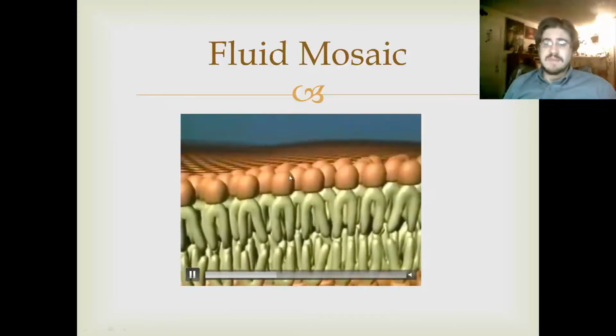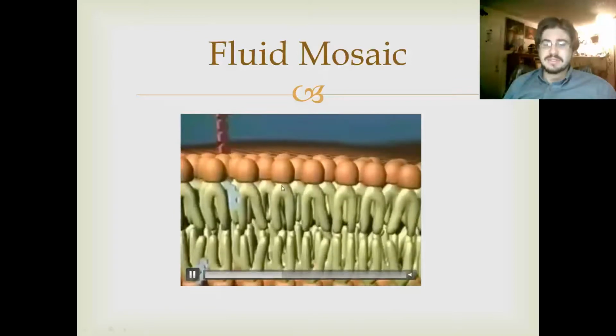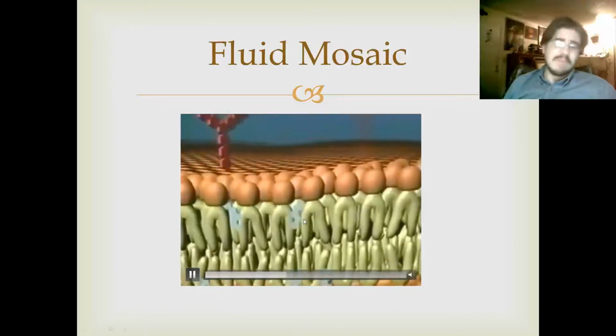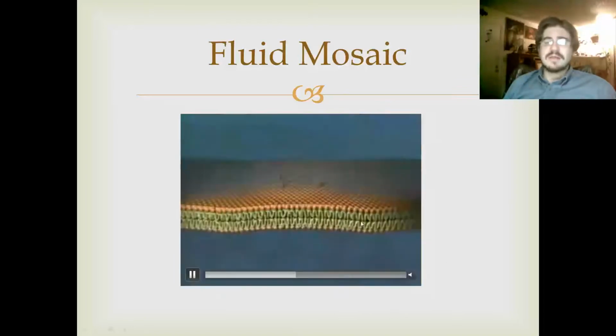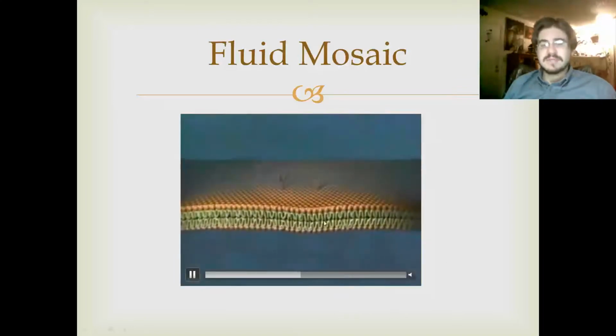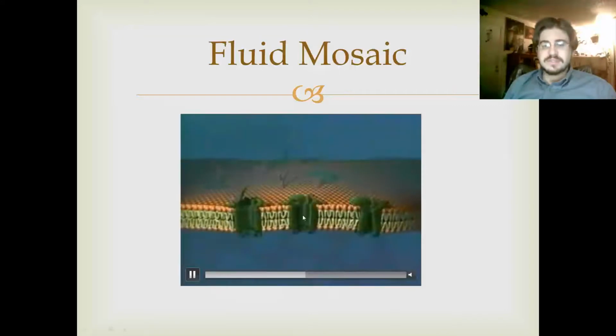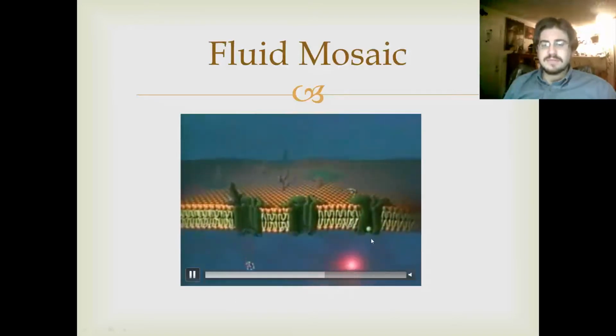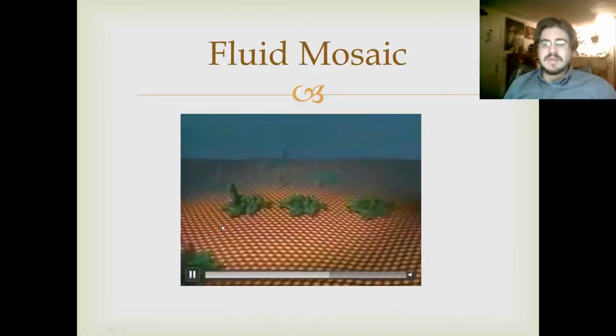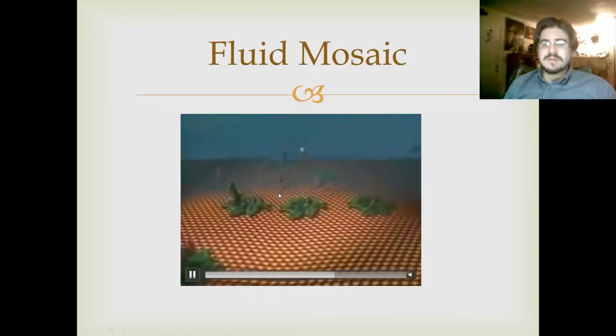So phospholipid bilayers self-arrange. Now we're embedding some important stuff in there, some carbohydrates, some cholesterols, and now we need to add some proteins to give it certain functions. So there we go. There's some proteins. And now we're going to start transporting molecules around through these proteins. That's going to give us some nice little features to our membrane.